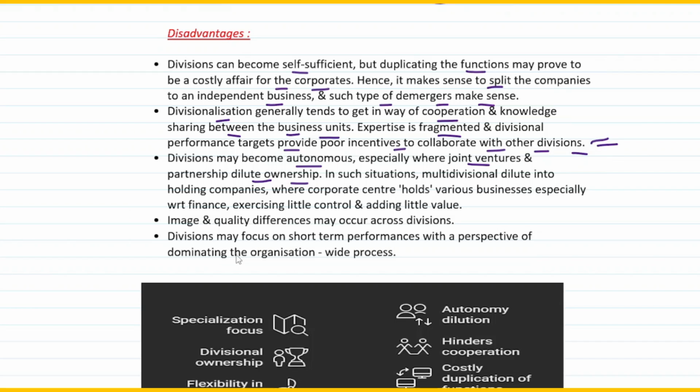In such situations, multidivisional structures dilute into holding companies, where the corporate center holds various businesses, especially with respect to finance, exercising little control and adding little value. The point you need to remember is that it can lead to autonomy, especially where joint ventures and partnerships dilute the ownership, right? You can get into the nitty-gritties of this, but it's not so important. If you just concentrate on the dilution and the autonomy, that is more than sufficient.